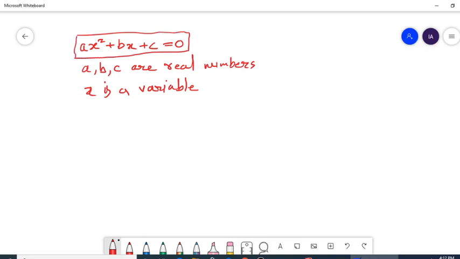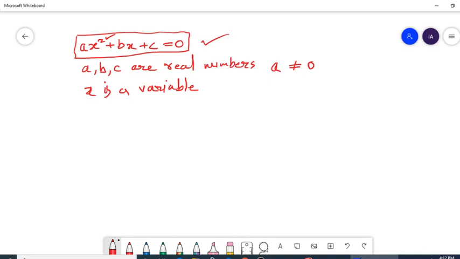But here we have some condition like a should not be equal to 0, because for being quadratic equation, it is important that the highest degree of the equation should be 2. If your a is 0, this equation will not remain as quadratic equation.